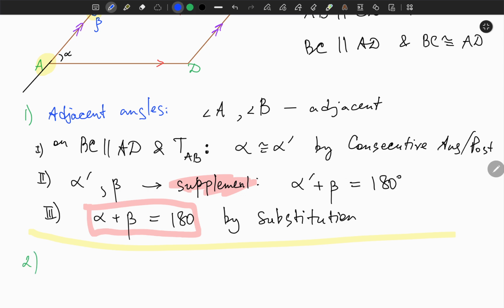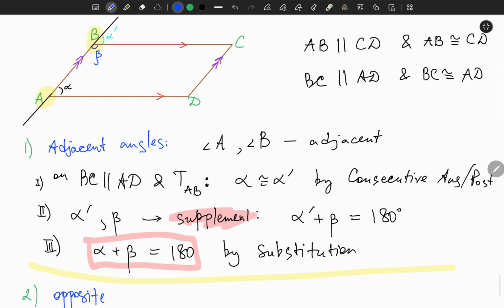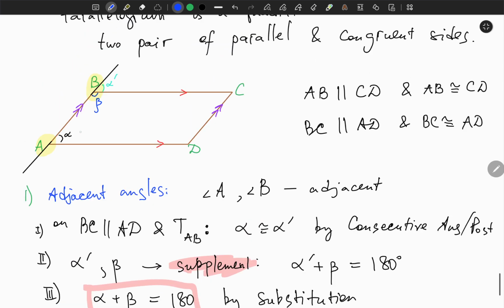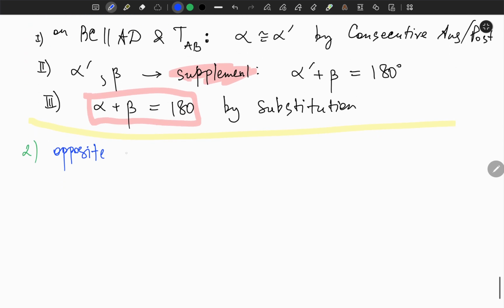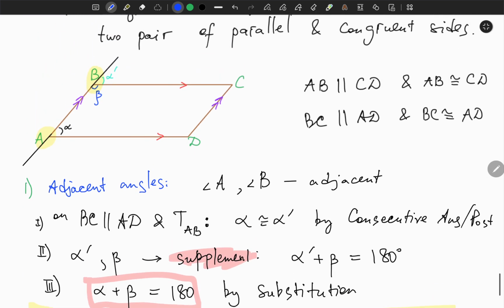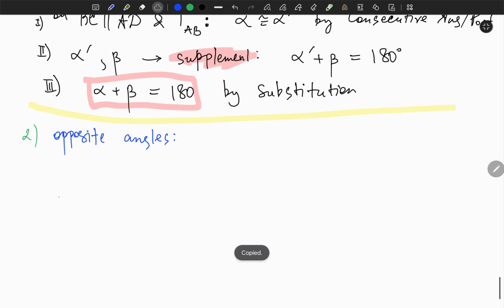Second property: opposite angles. Opposite angles do not need to be neighbors; for A, the opposite is going to be C. Okay, opposite angles. All right, let me copy and paste.